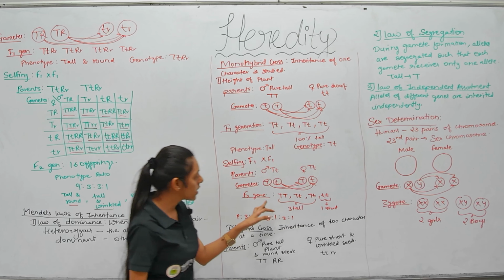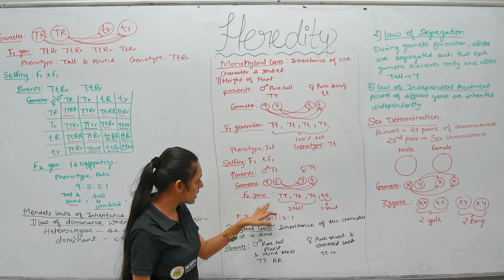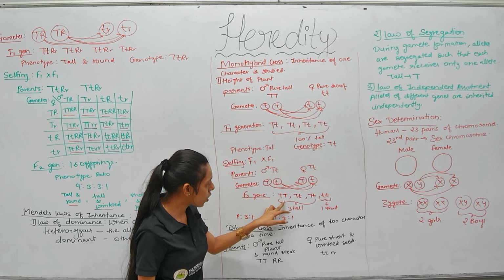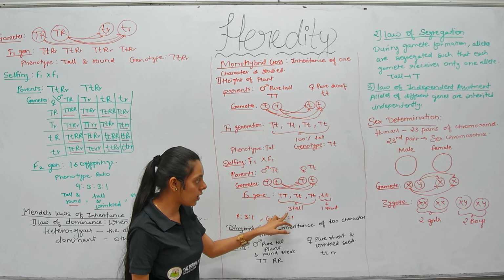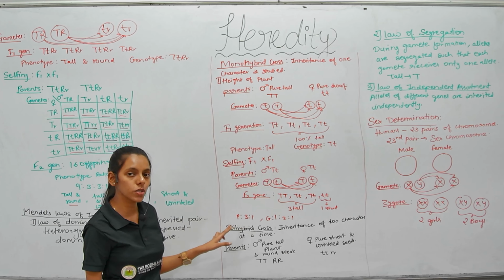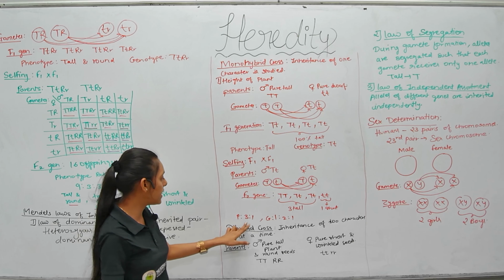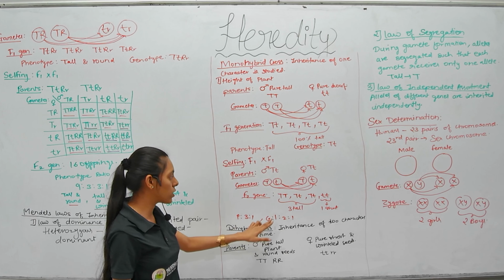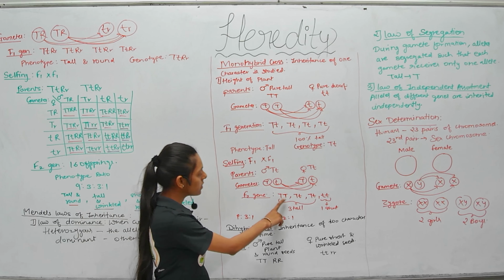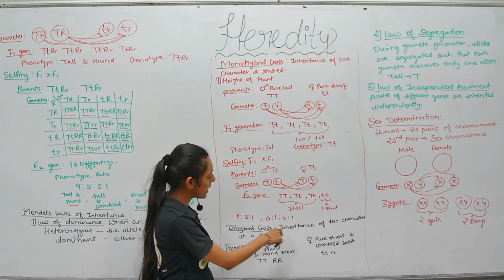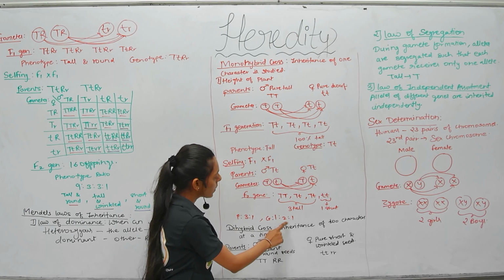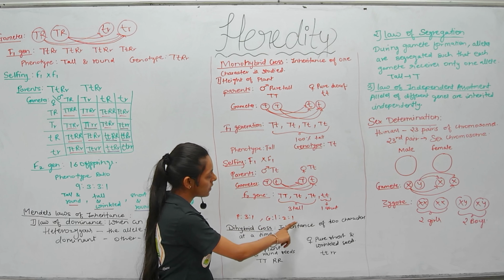So what we have got in the F2 generation is tall, tall, tall, so 3 tall and only 1 short. The phenotypic ratio here is 3:1, and the genotypic ratio with respect to the alleles is 1 capital T capital T, then 2 capital T small t, and the third, small t small t, which is 1.